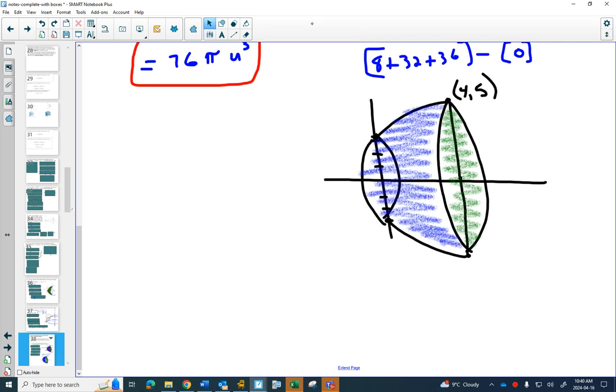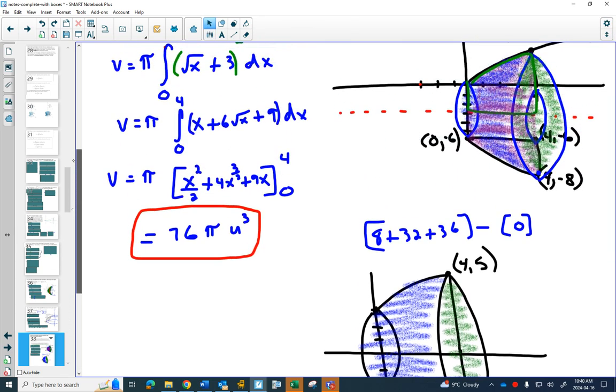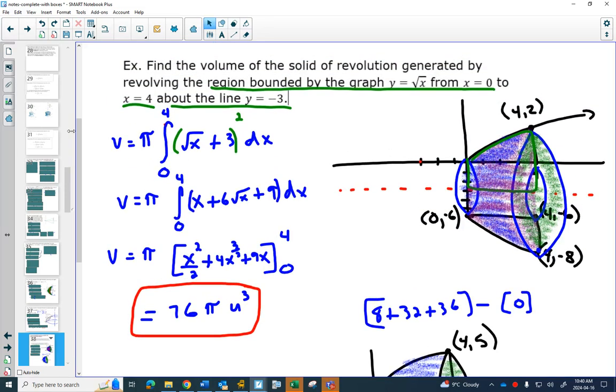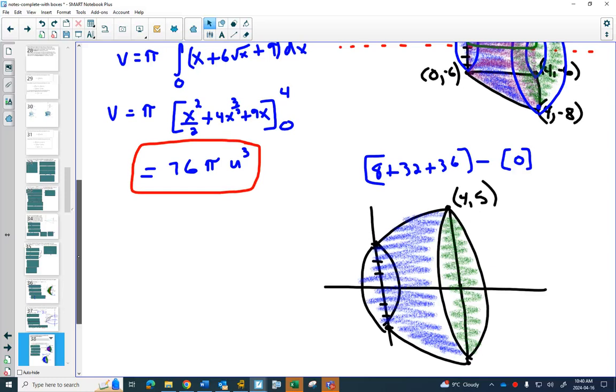That one, where I rotated it about y equals -3, is exactly the same shape if I took this whole shape and moved it up 3 units. Exactly the same. And this graph right here is just my square root graph moved up 3.